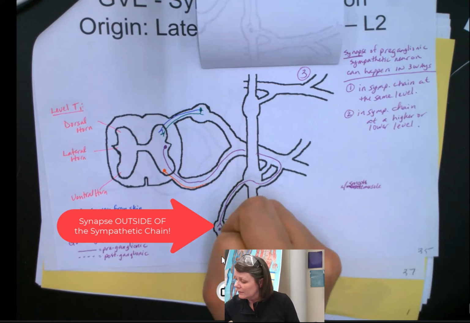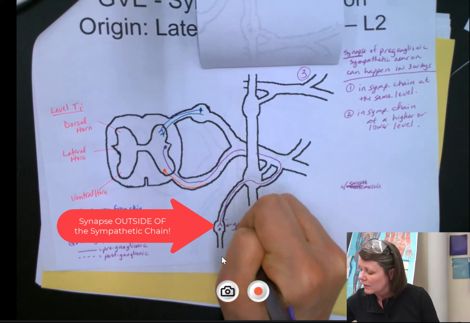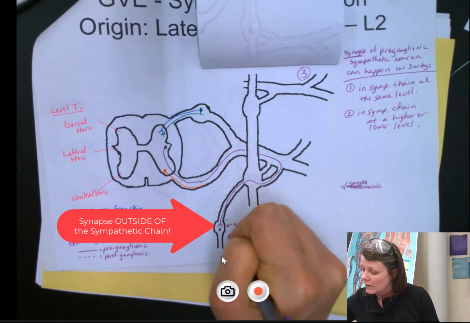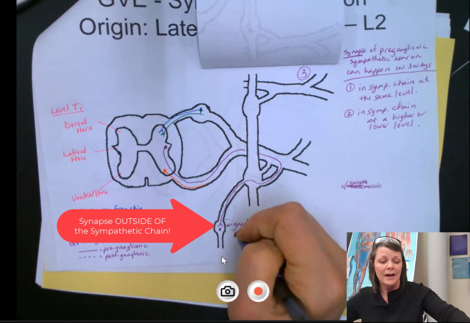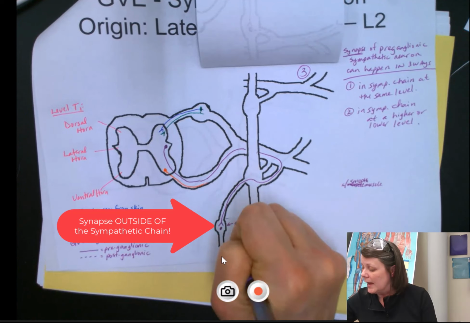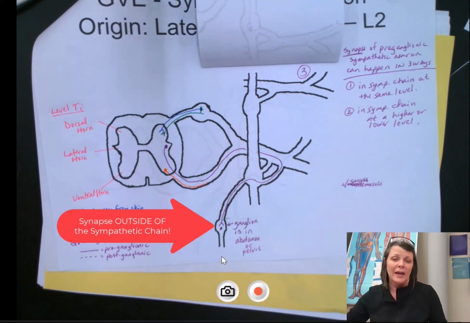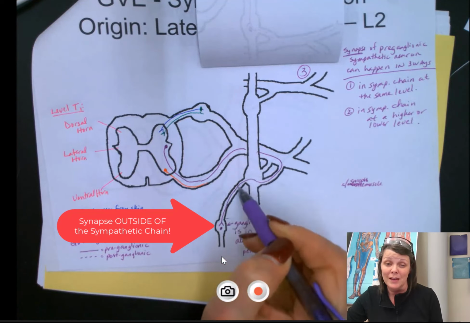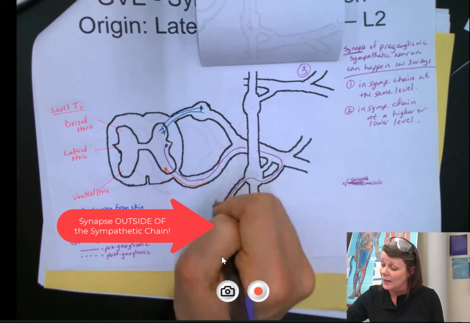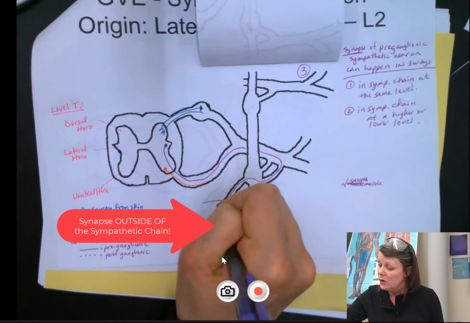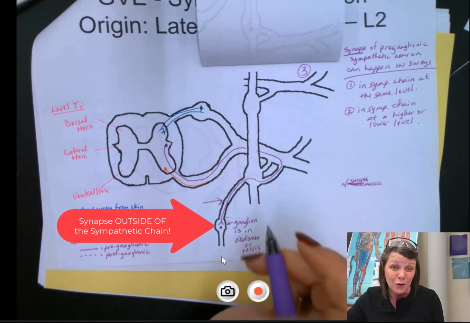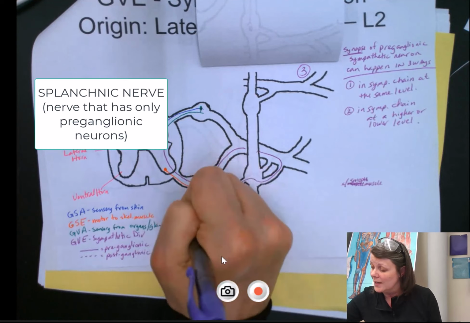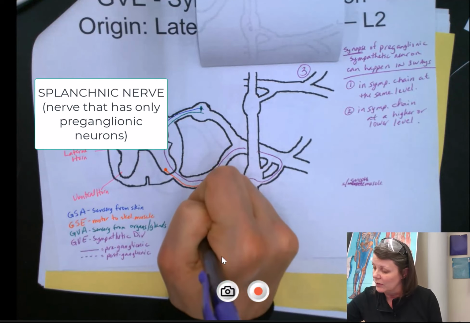This ganglion is either going to be found in the abdomen or pelvis. And when we have a preganglionic sympathetic neuron that says, peace out, sympathetic chain, I don't want anything to do with you, we call that preganglionic nerve a splanchnic nerve.